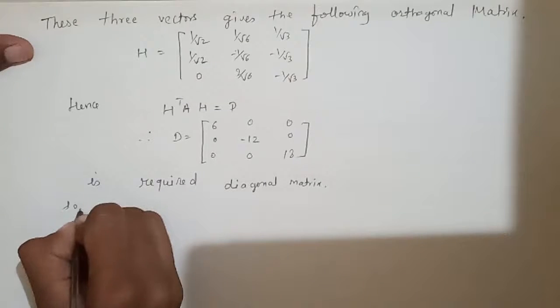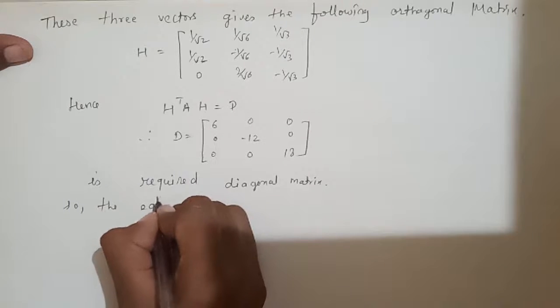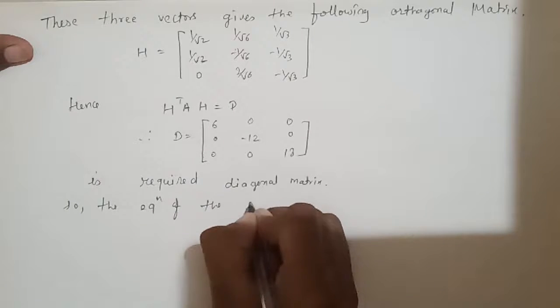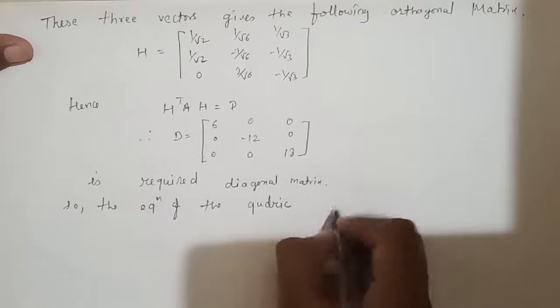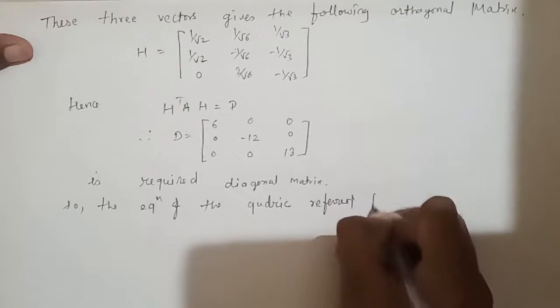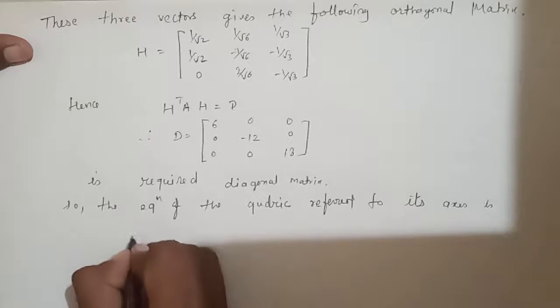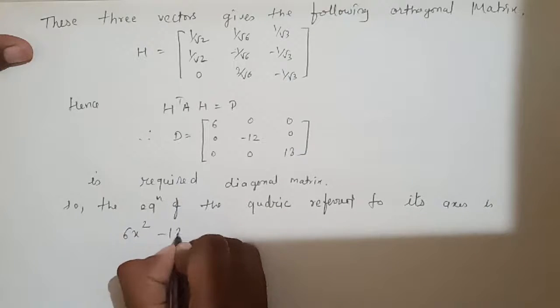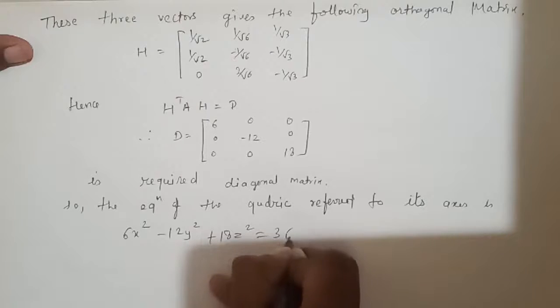So the equation of the quadric, referred to its axes, is 6x square minus 12y square plus 18z square is equal to 36.